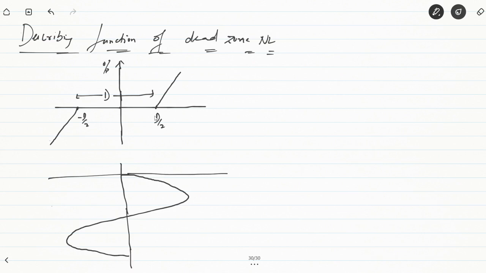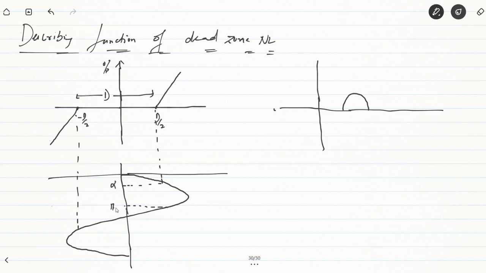So mapping this non-linearity onto the input, what we see is that for a very brief period of time we'll be getting an output that will be a linearly increasing sine wave, and for the rest of the period, so if this is, say for example, alpha, and this is pi minus alpha, so from alpha to pi minus alpha we'll get an output, and similarly on this side we have pi plus alpha and 2 pi minus alpha, where we'll be getting the output.